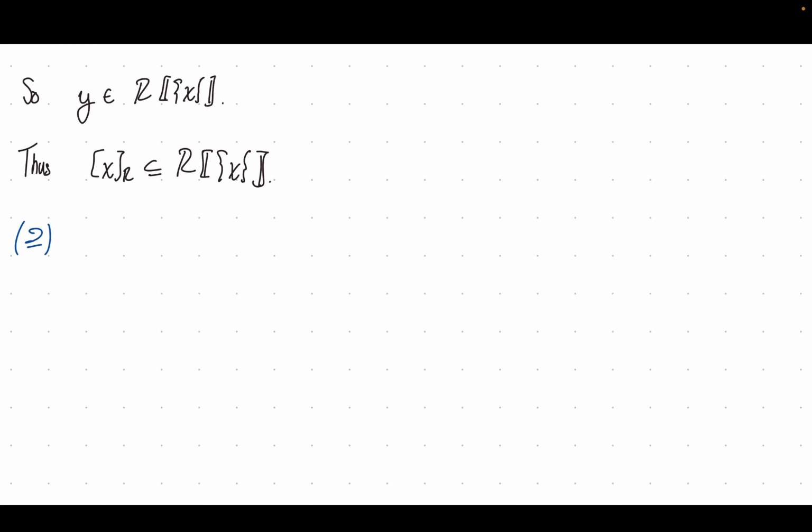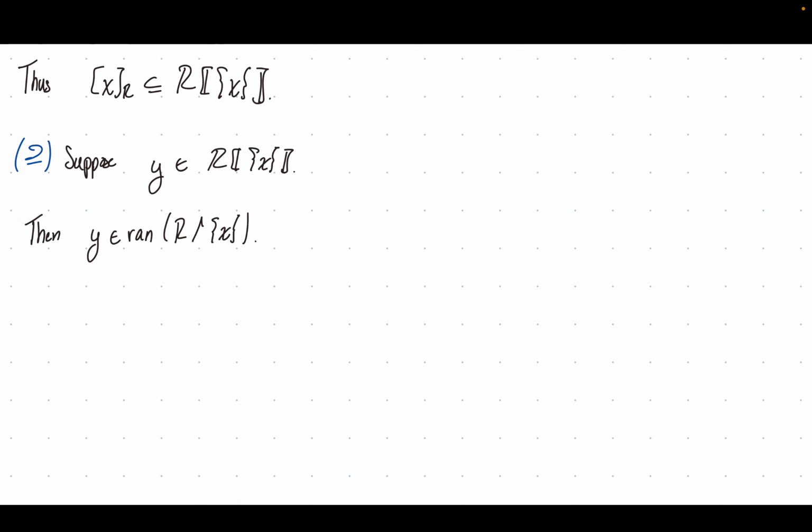To do that, let's suppose that y is in the image of R under the set containing x, right? And y is in the range of R restricted to the set containing x by definition.